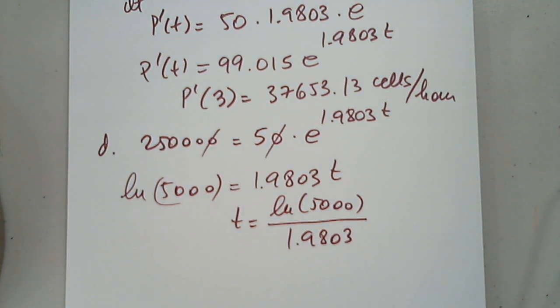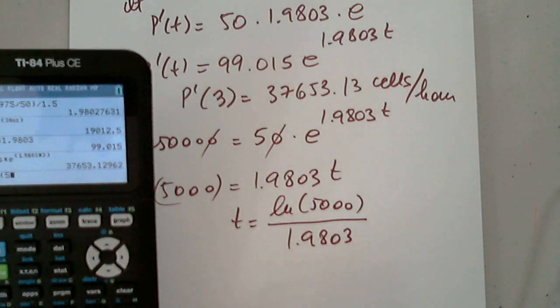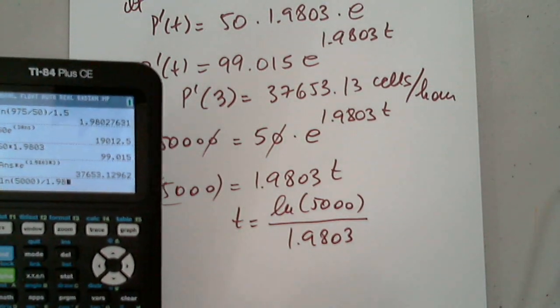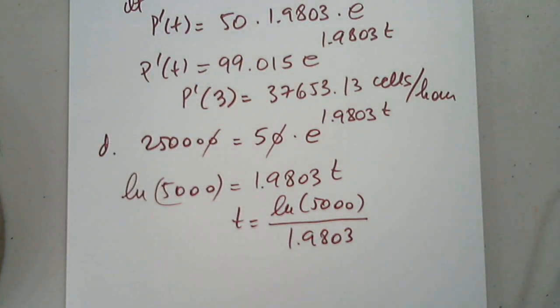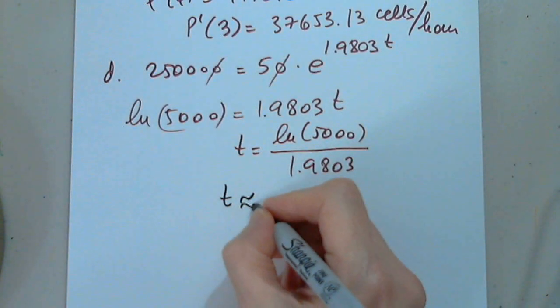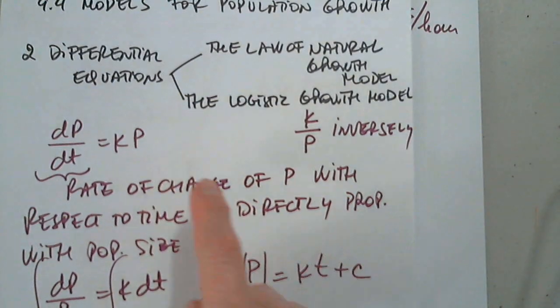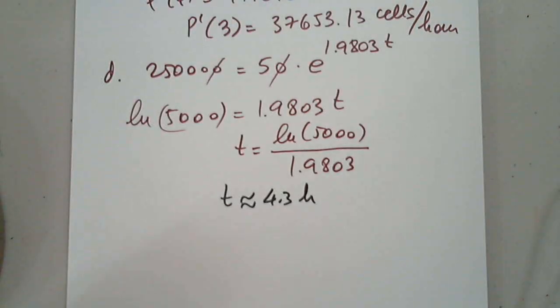And when we calculate this, natural log of 5,000 divided by 1.9803, we get 4.3 hours. So t is 4.3 hours.